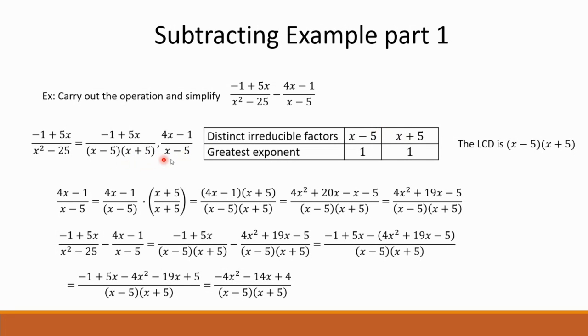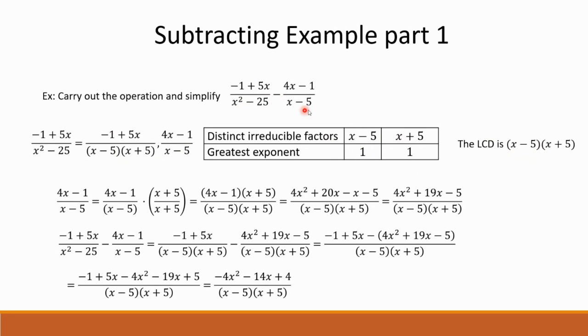And what are their biggest exponents? Among the denominators, x minus 5 only has the exponent 1. X plus 5 only has the exponent 1. So just like the previous example, the LCD is just the product. This one's pretty nice, because the first rational expression, the denominator is already the LCD.